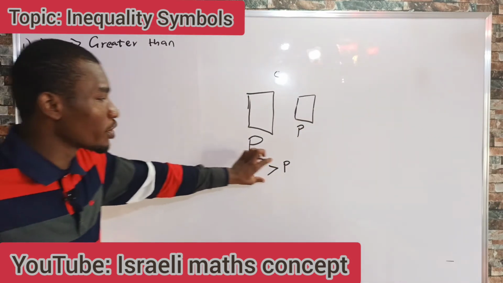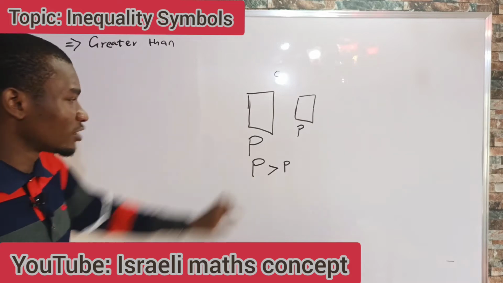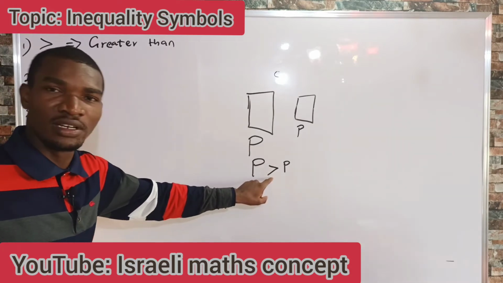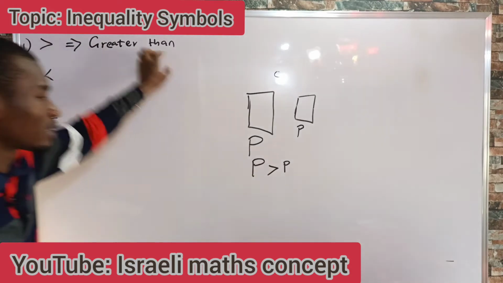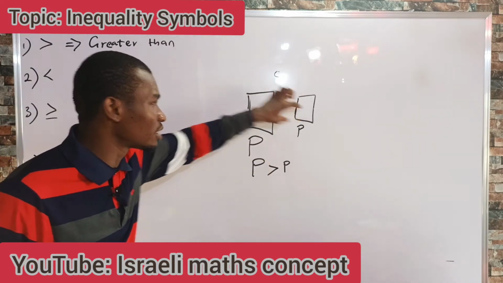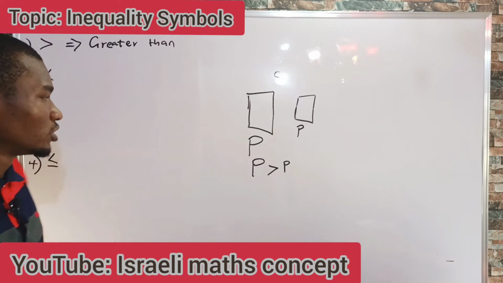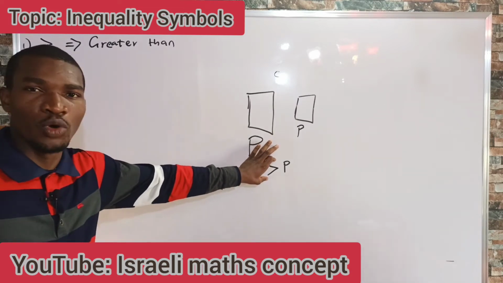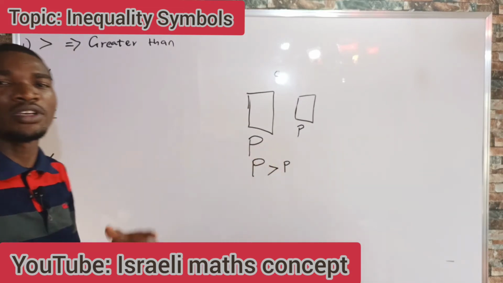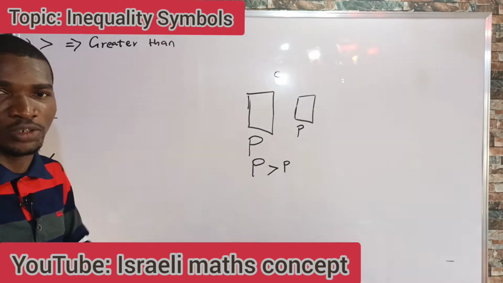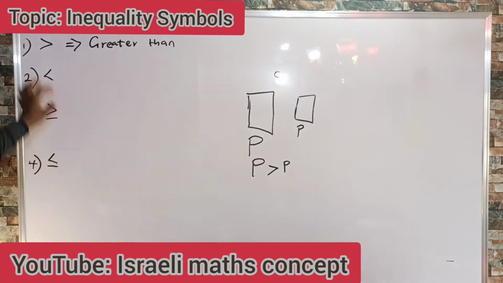So this is how we can easily interpret a situation of this form using the inequality symbol greater than in real life situations. Having understood the meaning of greater than, we also want to go into the meaning of the second inequality symbol, which is less than.